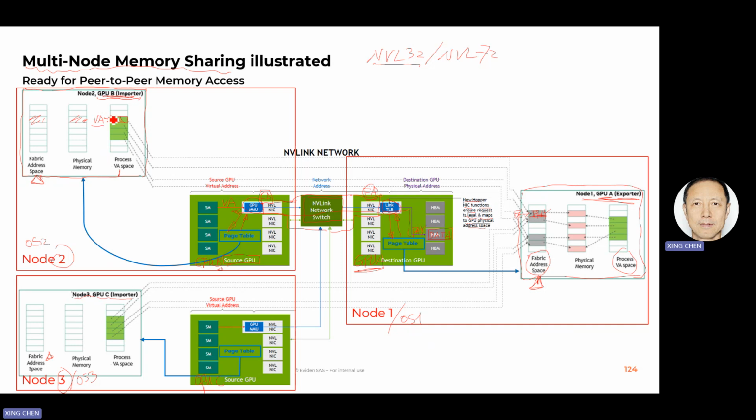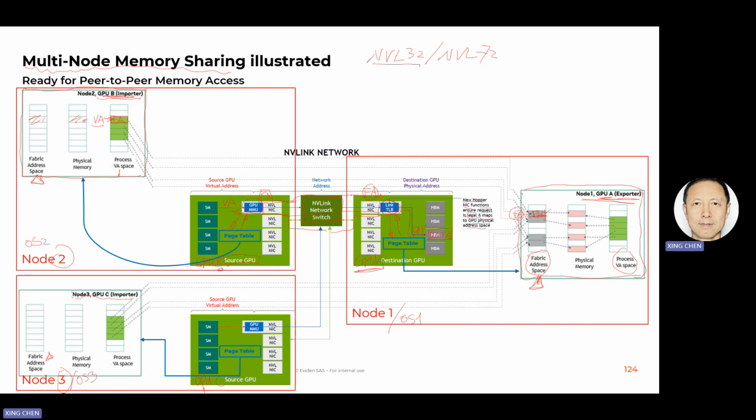This fabric address stored here points to this address space. This is a fabric address. This fabric address points to this address. There is no other relation except they are the same address. That's the only relationship between the two entries.